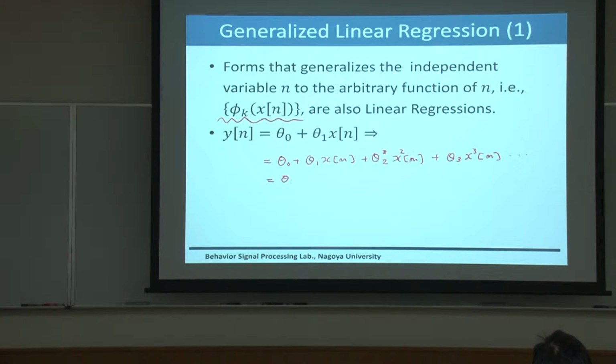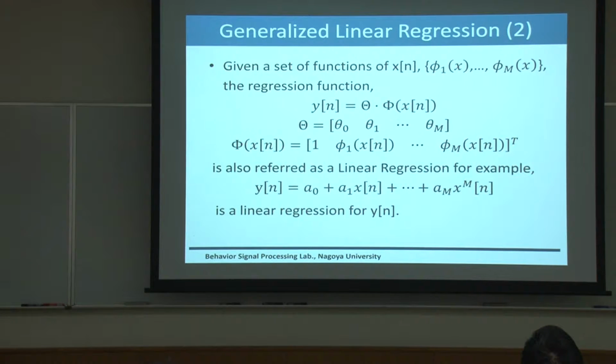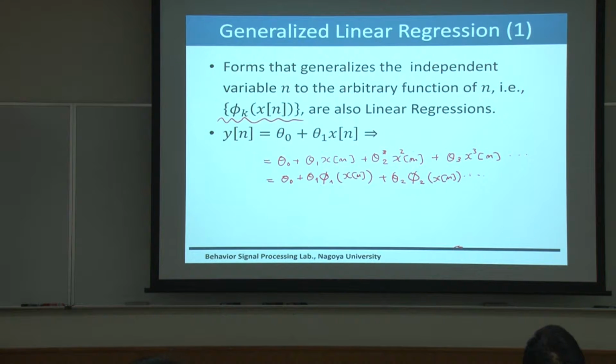which is theta 0 plus theta 1 times phi 1, which takes the value of x n as an argument, and also theta 2 times phi 2 of x n, and so on. This function can have an arbitrary form.